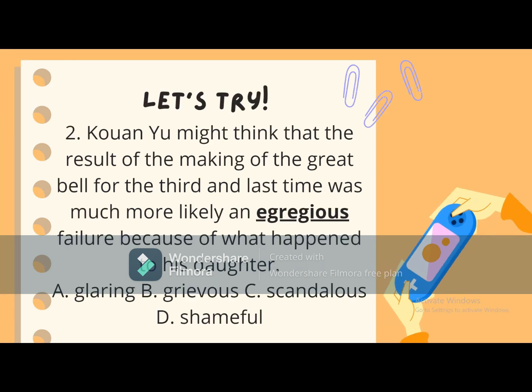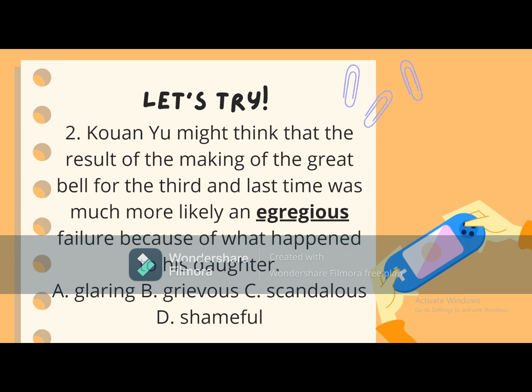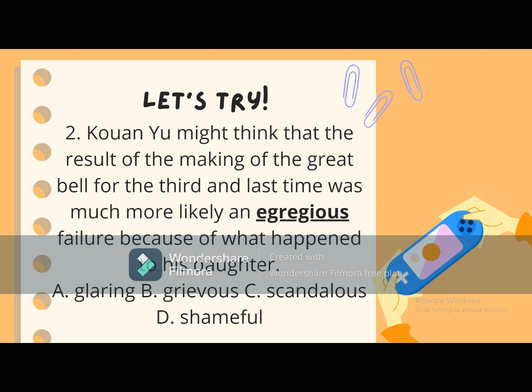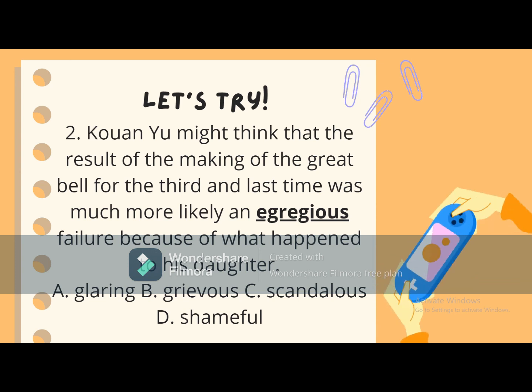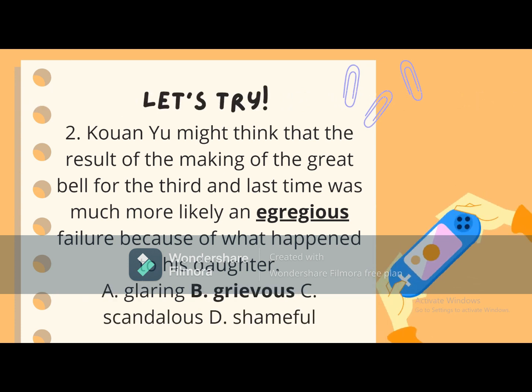Number 2. Koan Yu might think that the result of the making of the great bell for the third time and last time was much more likely an egregious failure because of what happened to his daughter. What do we mean by egregious? Glaring, grievous, scandalous, and or shameful. Let's see. It means grievous.